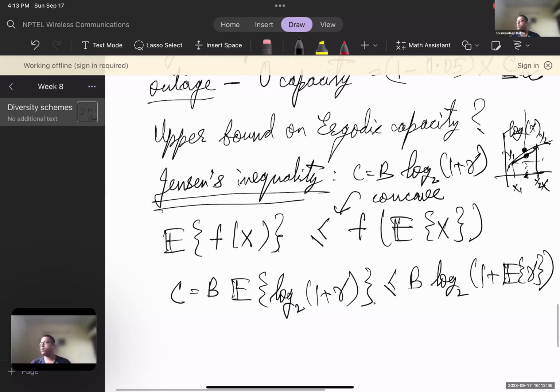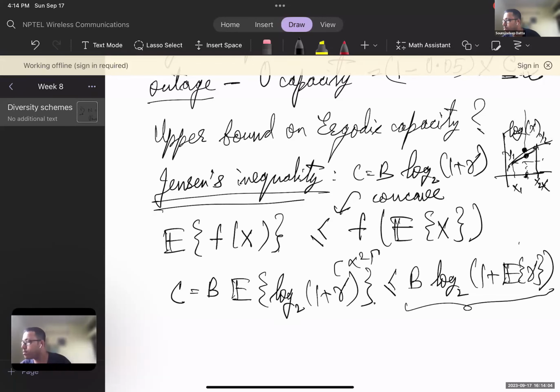Because your random variable here is gamma, which is actually alpha squared times capital Gamma, so the actual random variable is alpha squared. You can just use Jensen's inequality and write this. So this becomes the upper bound.